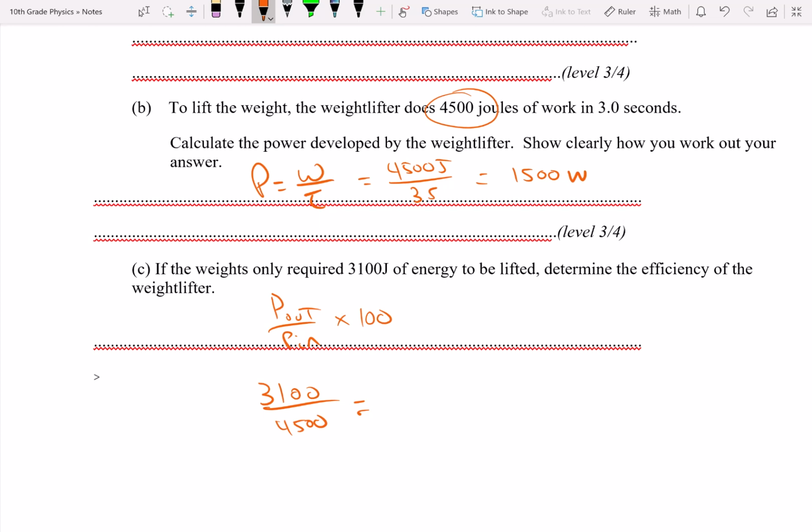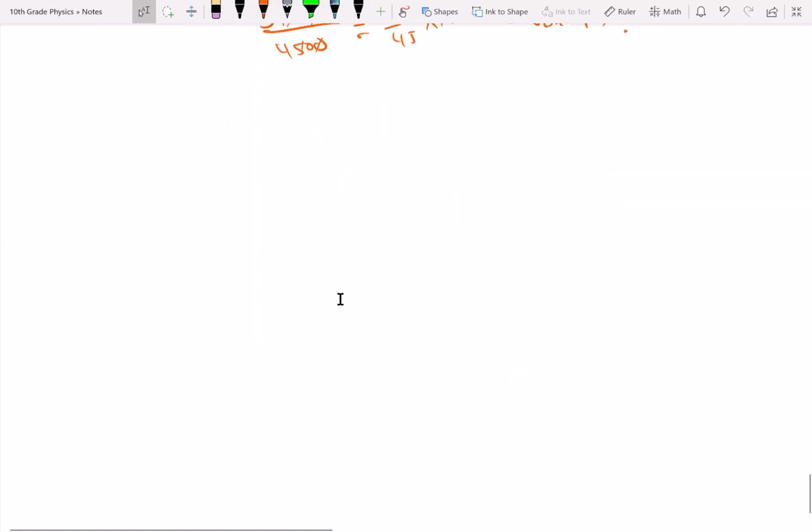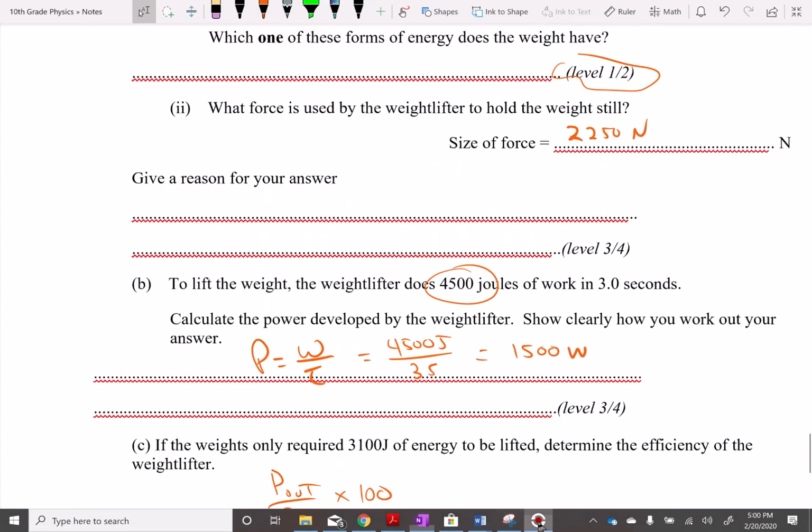So we're doing 3,100 divided by 4,500. That's 31 over 45 times 100, which is 68.89%. So it's about 68.89% efficient. That's the end of that question.